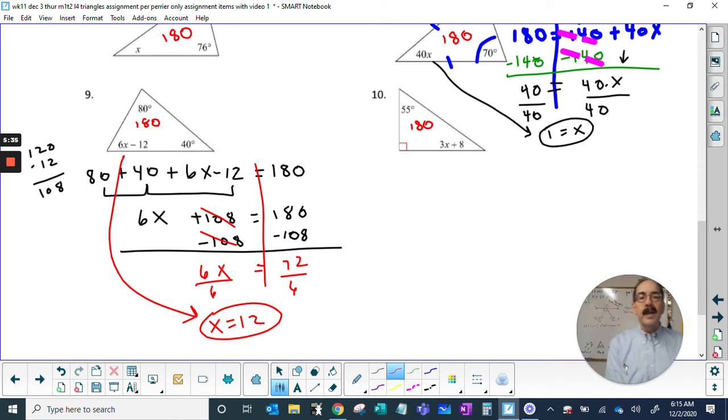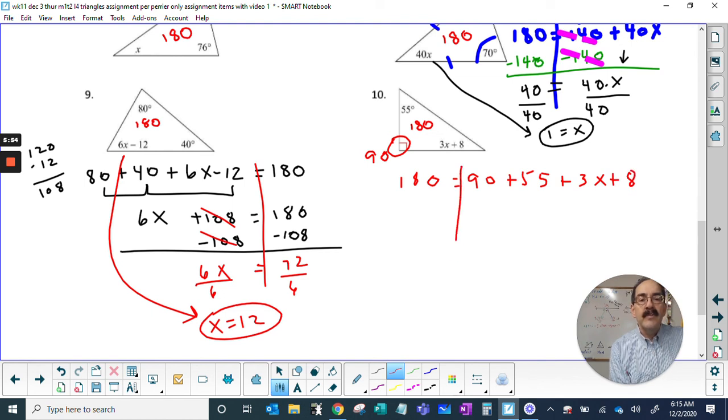All right, and the last one. When you see this symbol, that's a right triangle, it's 90. So we have 180 is equal to the 90 plus the 55 plus 3x plus 8.